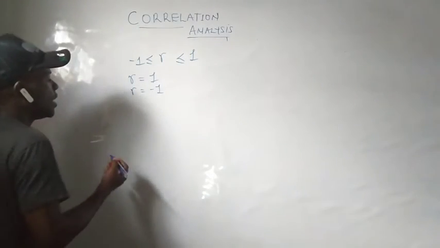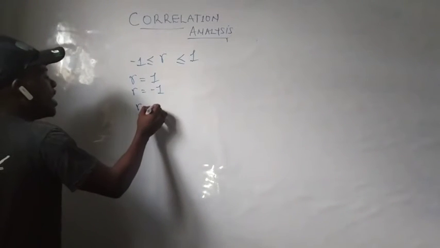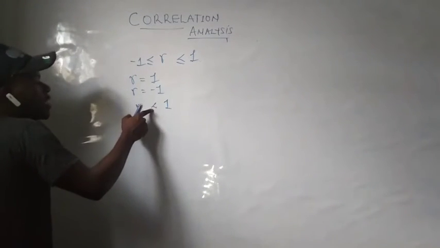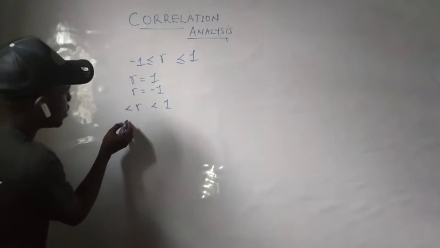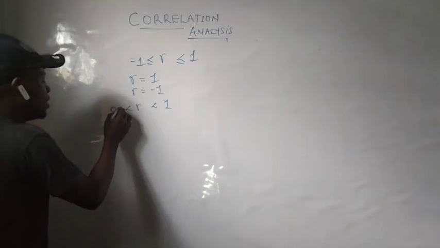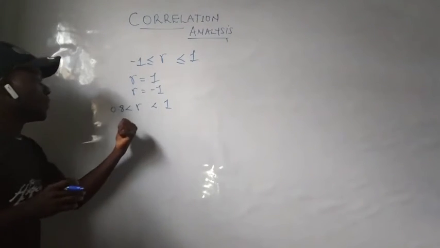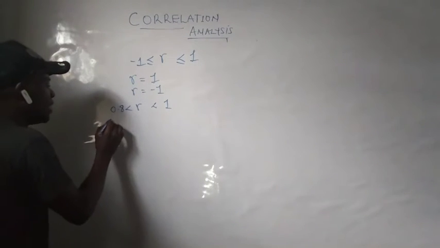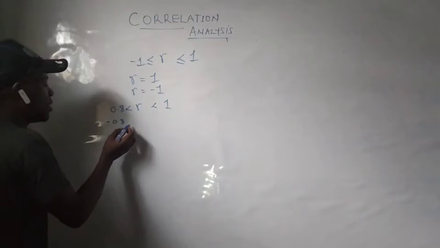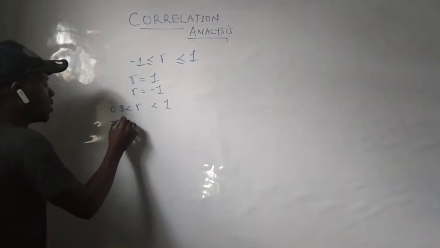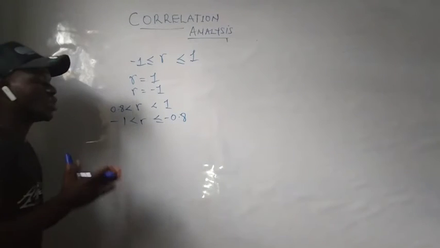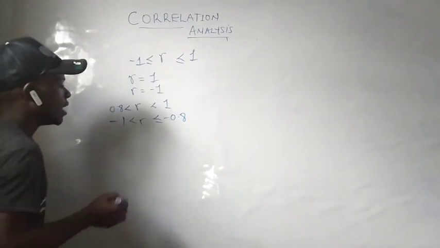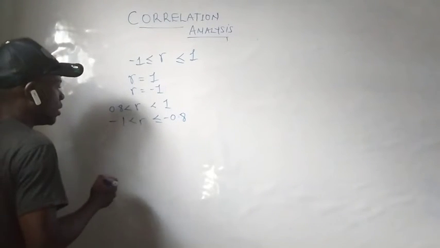But it has this way of grouping. When our r is between 0.8 and strictly less than 1, perhaps 0.9 thereabout, we refer to it as strong positive. And if it was between minus 1, strictly less than r, and less than or equal to minus 0.8, we call it strong negative.